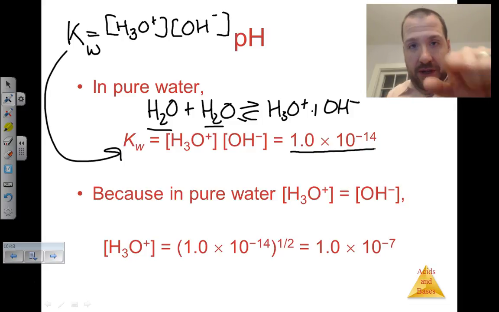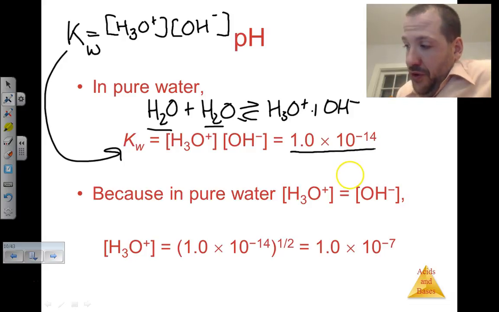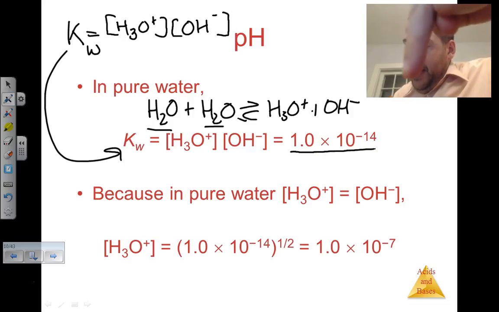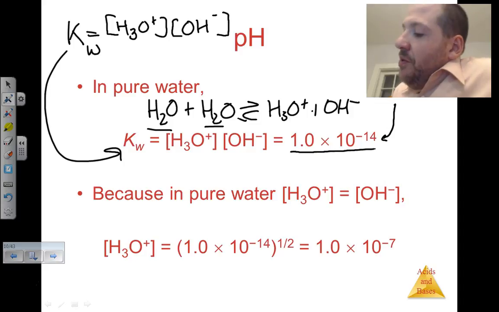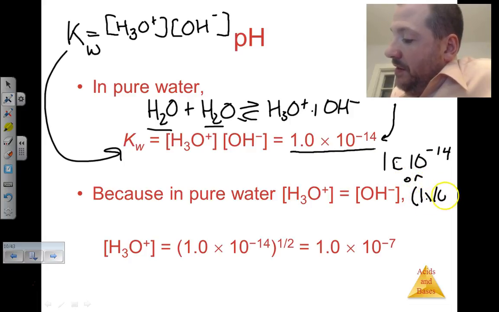Now, very quickly, student, when you put this value in your calculator, you type 1 E minus 14, or put it in parentheses, 1 times 10 to the minus 14.